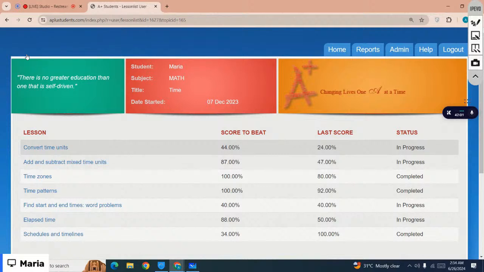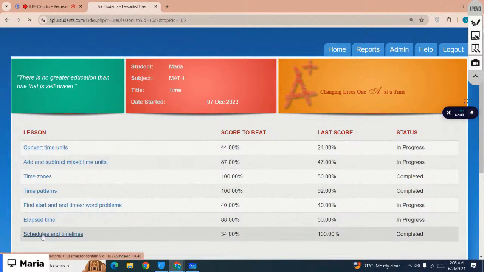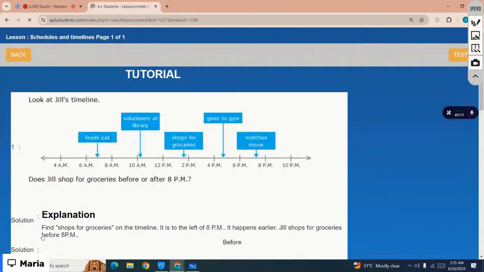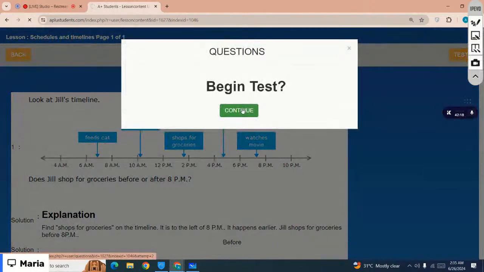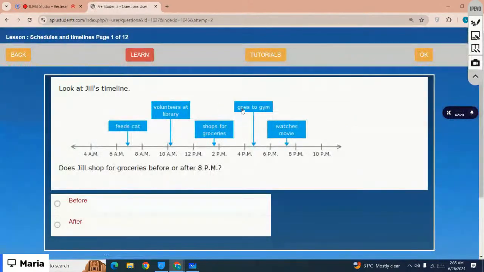The next lesson is schedules and timelines. Let's just start with the lesson. Okay, let's start with the test questions. Look at Jill's timeline.